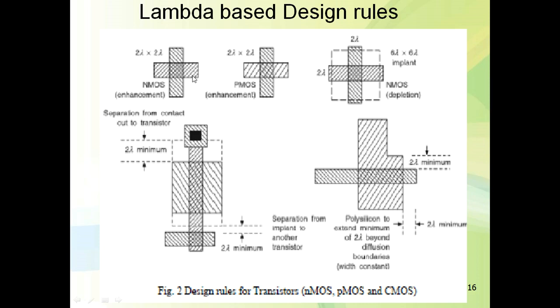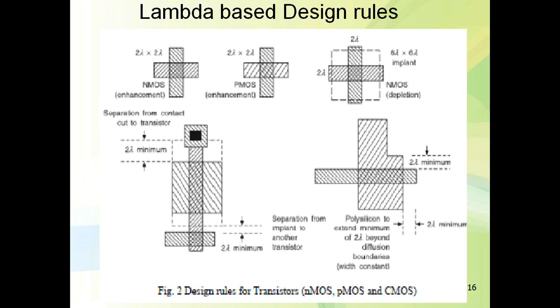So the minimum feature size of the transistor is 2 lambda by 2 lambda. Now here is the PMOS enhancement mode transistor. This is the P diffusion layer, and this is the polysilicon layer. When the polysilicon layer crosses the P diffusion layer, an enhancement mode transistor is formed.